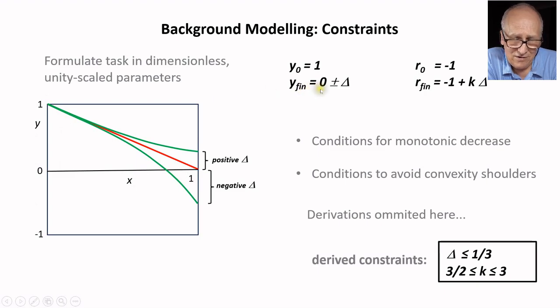And if we also introduce some additional parameters which couple the final exponent value and final background value, then we come to quite a simple formula. These are conditions for fitting parameters which guarantee that the background is still monotonically decreasing and still smooth.